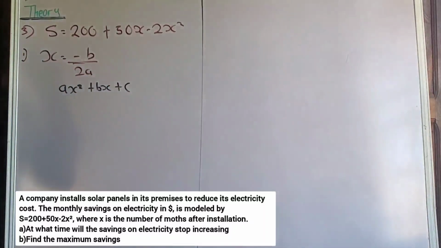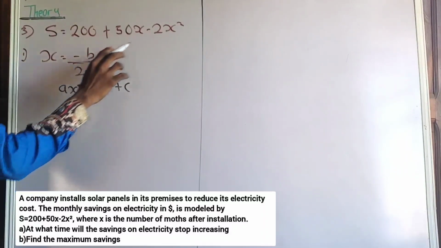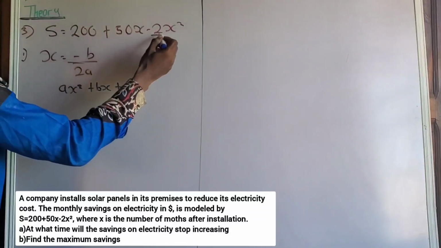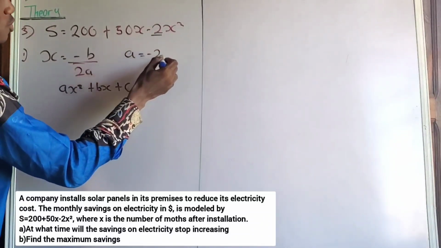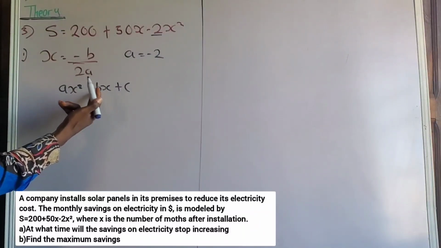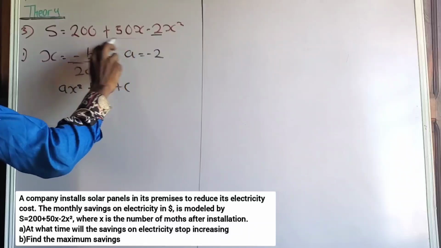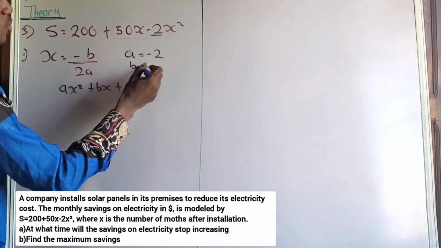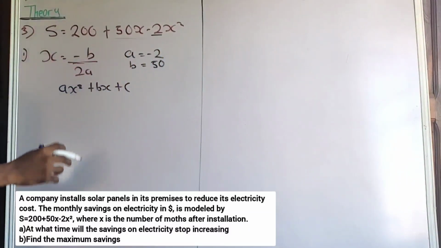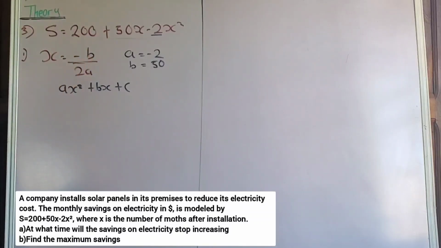So a is the coefficient of x squared, which in this equation is minus 2. And b is the coefficient of x, which is plus 50. So b equals 50, right? And c is the constant term, the term that doesn't have any variable attached to it.